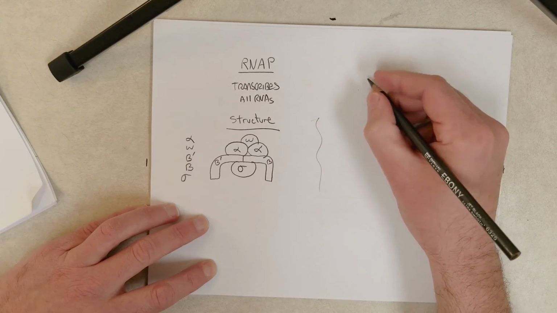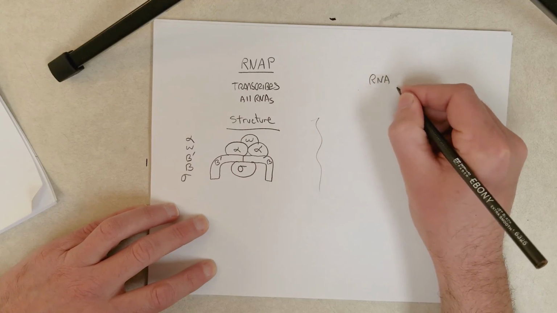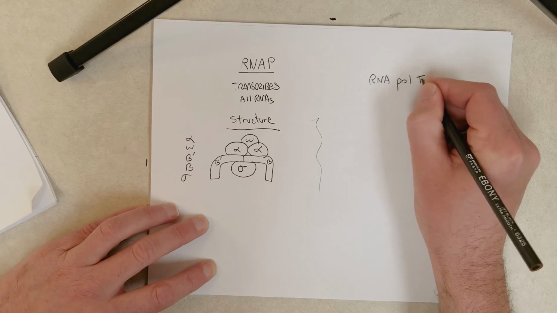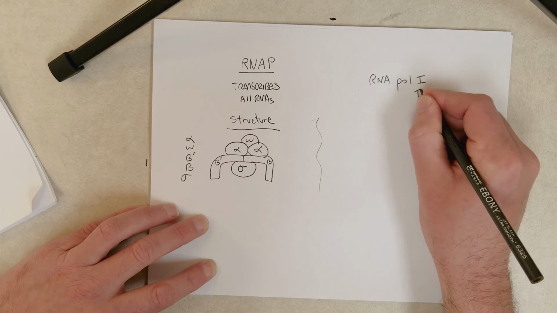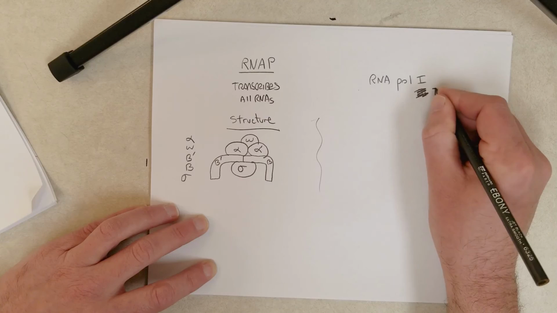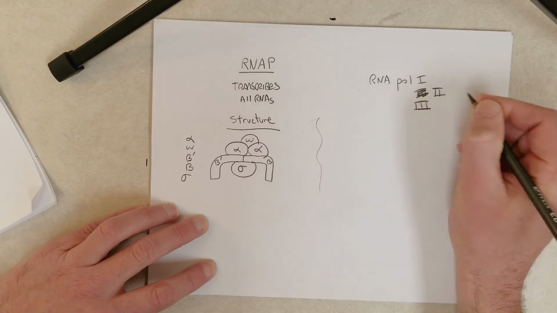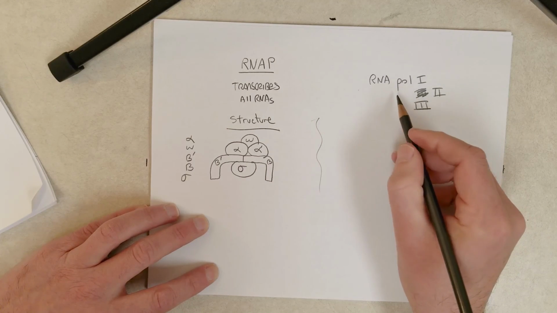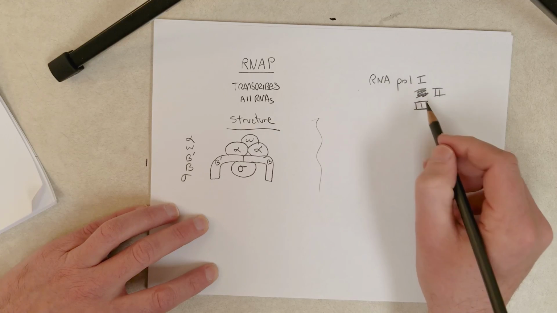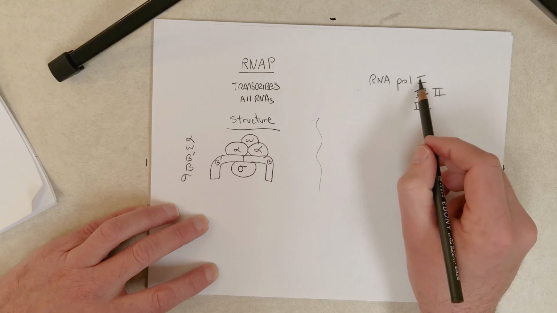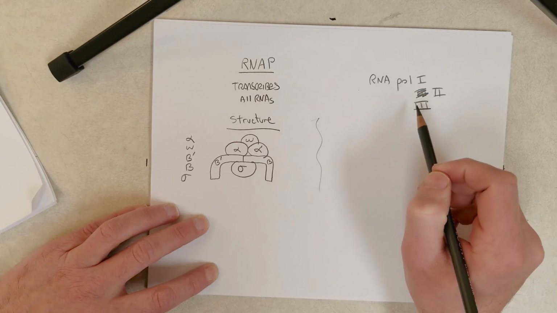So for RNA pol 1, 2, and 3, we already went over the major types of RNAs transcribed by the different polymerases here.